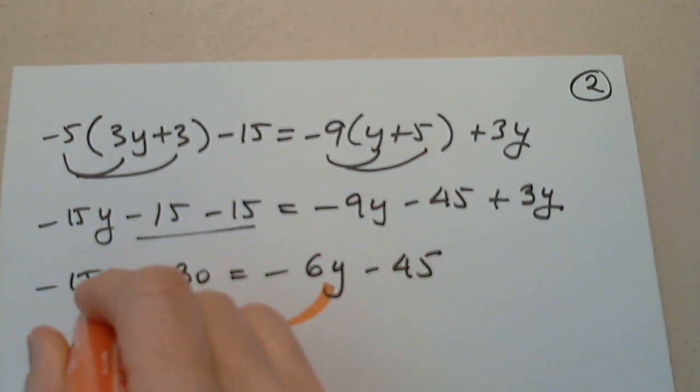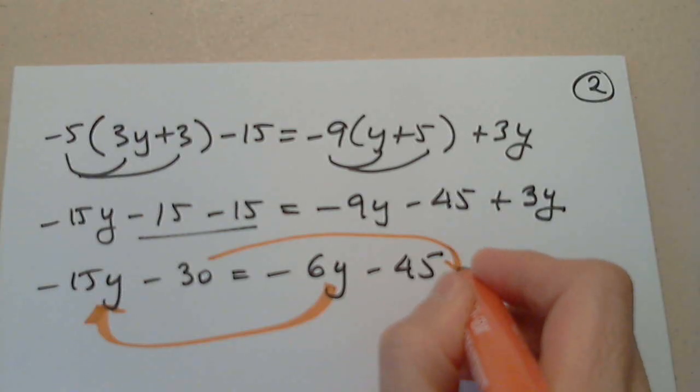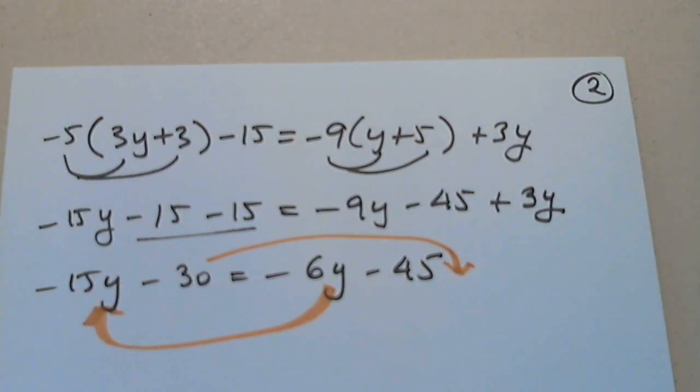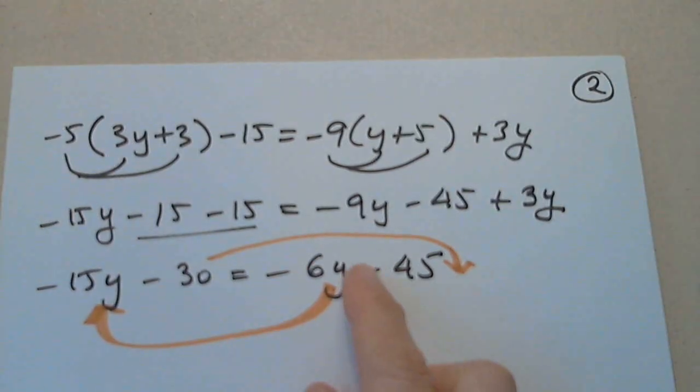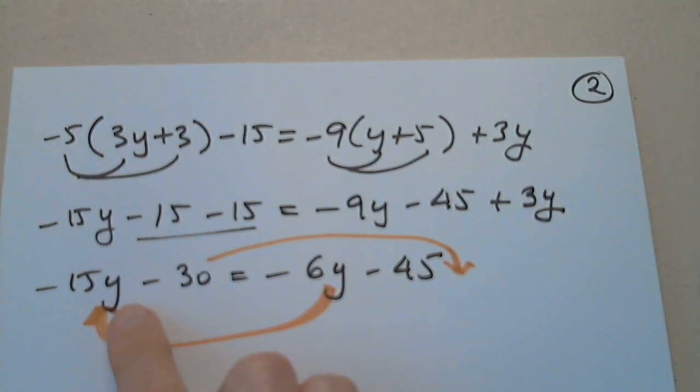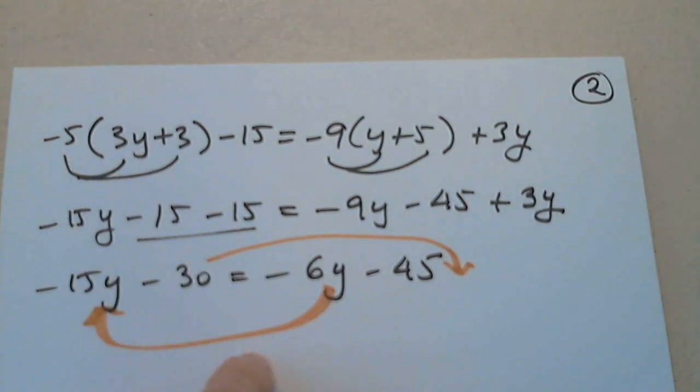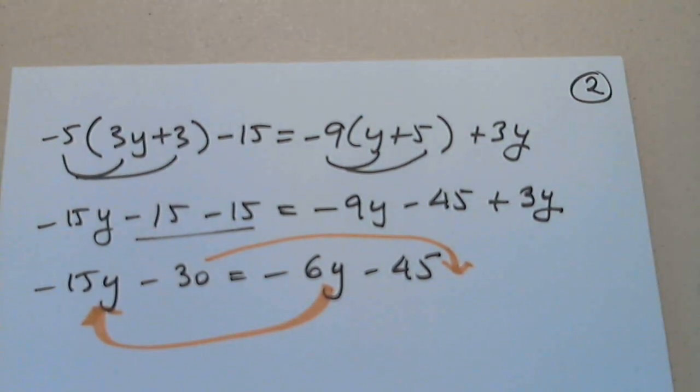I move this to this side, and I move this to this side in one step. When we move terms from one side to the other, the only thing that happens is we change the sign. So the negative 6y becomes positive, but we have a negative 15y plus a 6y.